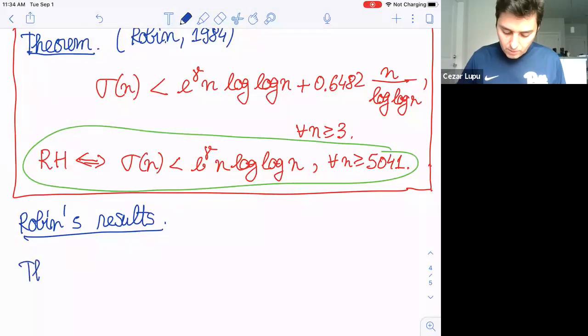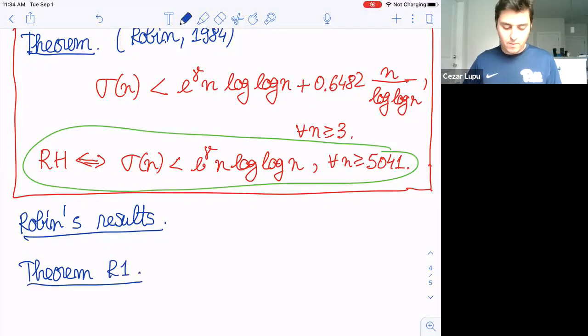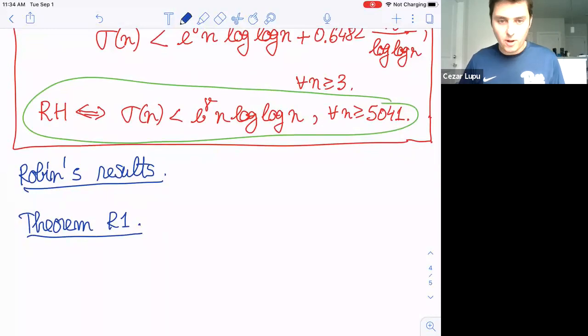The first result, let's call it theorem R1, says the following. I want to explain this equivalence in more detail. What he proved was the following, because this is very tricky. This is how Lagarias speculated this. It was very smart, I would say.